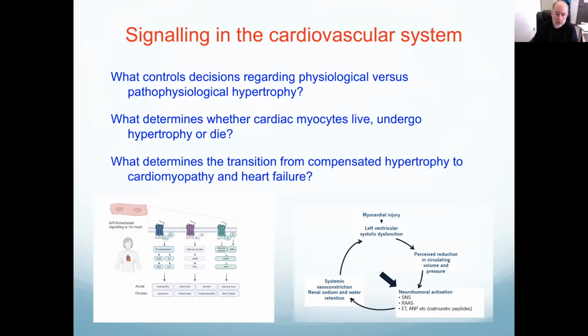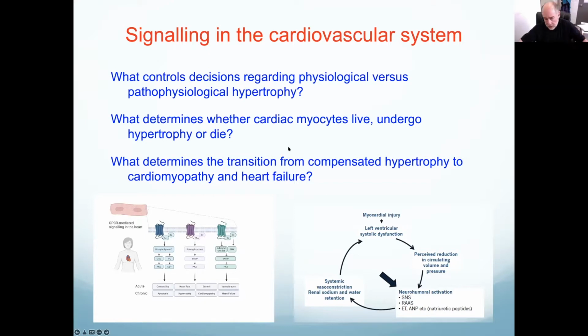What controls those decisions? And then there's this stage where heart failure patients go from compensated hypertrophy, where they're still managing to produce enough function to maintain activities, toward cardiomyopathy and ultimately heart failure.